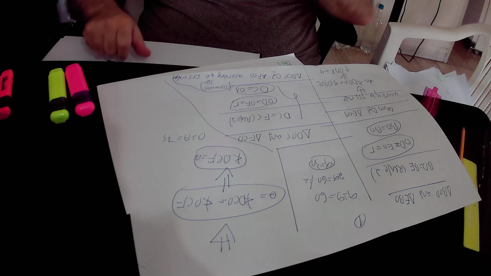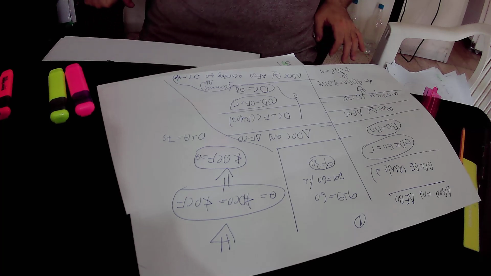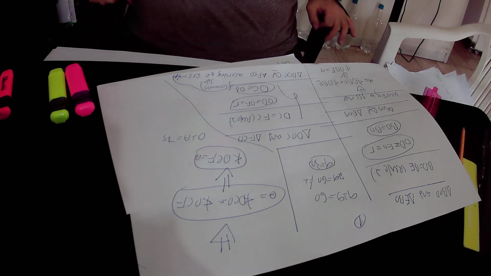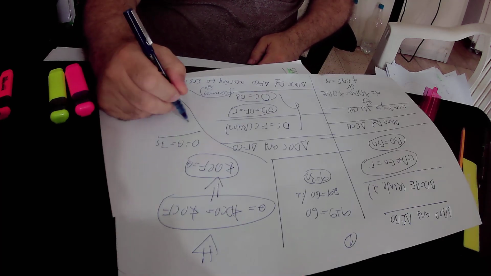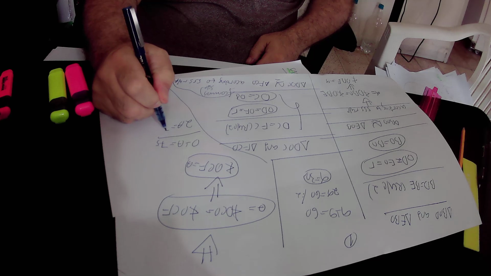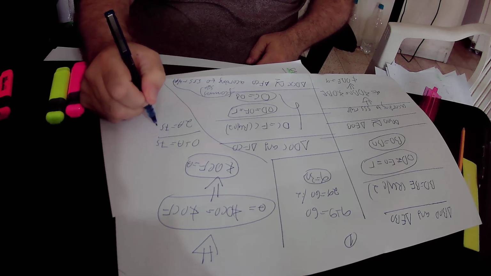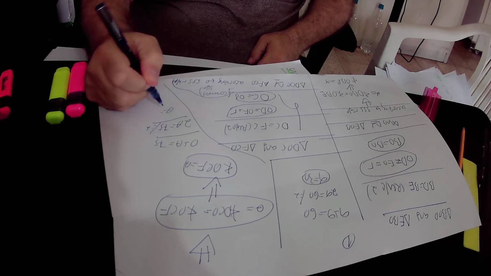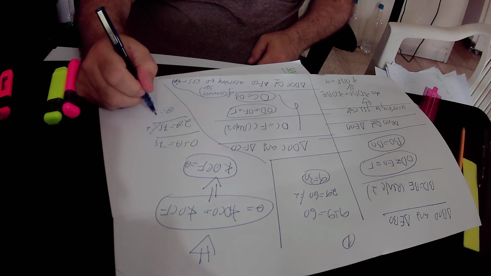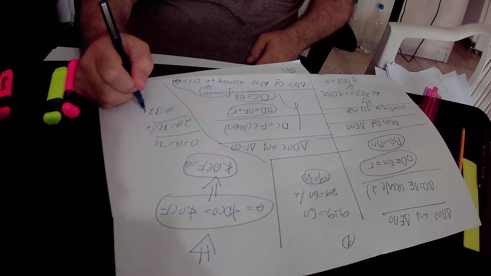So here theta plus theta is 2 theta. That is equal to 75 degrees. We divide this equation by 2, and we get that theta equals 75 over 2, which is 37.5 degrees.